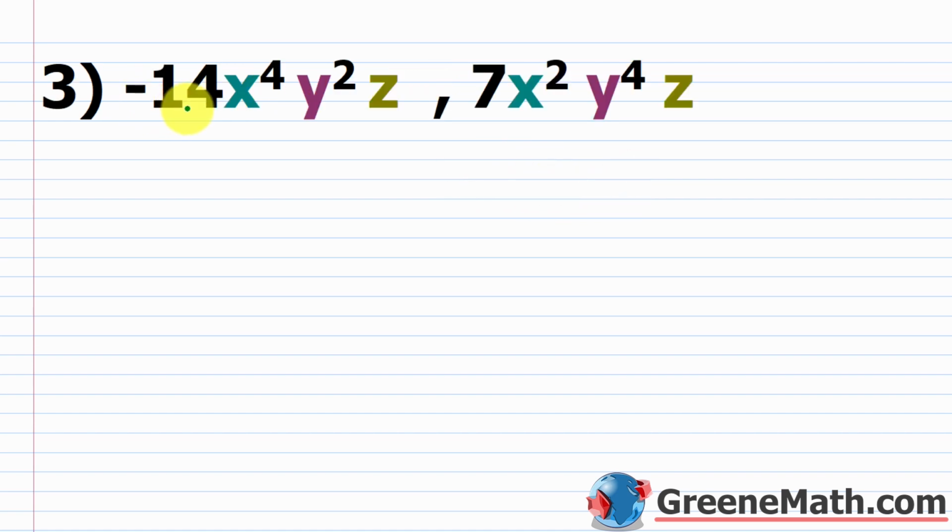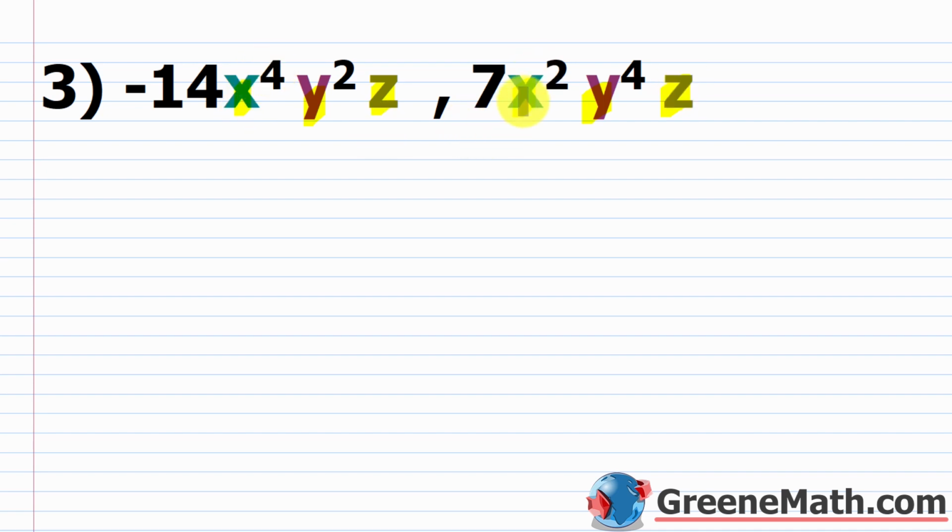Okay, let's look at problem number 3. We have negative 14x to the 4th power, y squared z, and then we have 7x squared, y to the 4th power, z. If I look at these, again, I'm looking at the variables involved. You'll notice that you have an x, a y, a z, and an x, a y, a z. So we have the same variables, but we also need to make sure that they're raised to the same power. In other words, here I have x raised to the fourth power.